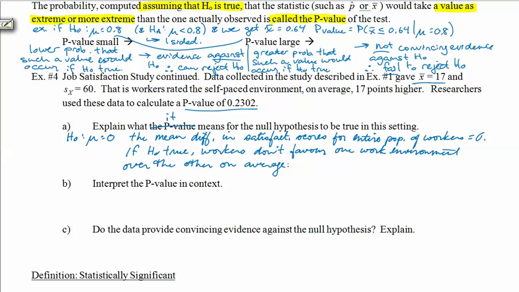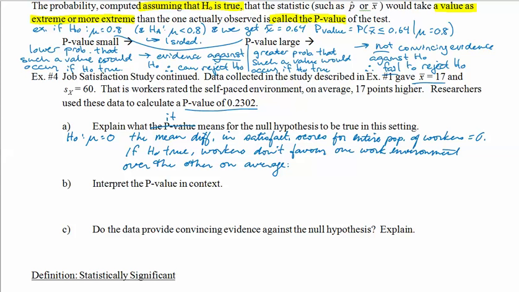Now, interpret the p-value in context. Once again, remember you need to be answering your questions in sentences. Here I might do some abbreviations. On a test, you should be writing full sentences, full words. So in this case, the probability of observing sample results as or more extreme in the direction specified by HA, the alternative hypothesis, just by chance, when the null hypothesis is actually true.